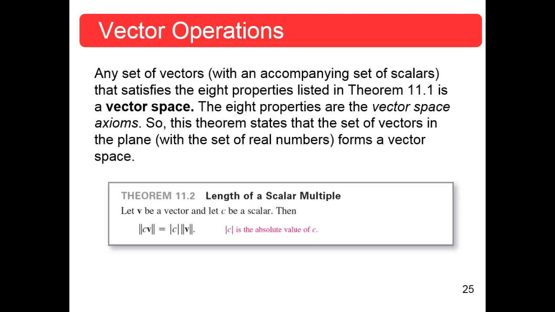Well, you might think that would be C times the magnitude of V. Not quite, because C could be negative, and your magnitudes are always positive, so we have to put the absolute value of C, which is fine. So the absolute value bars are this, the magnitude bars are that, but they really relate to each other fairly closely in that neither can be negative.